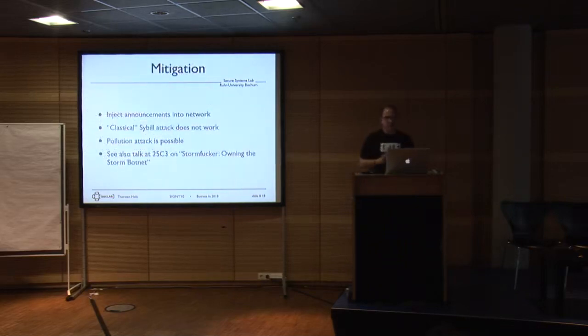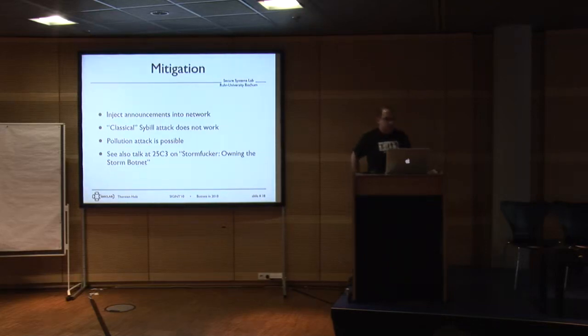For mitigating Storm specifically, and also some other of those peer-to-peer networks, there are some different techniques. The basic theme is that we try to inject announcements into the network. So we join the network and then send messages that do not belong to the actual botnet communication, but we try to somehow disrupt the communication channel.